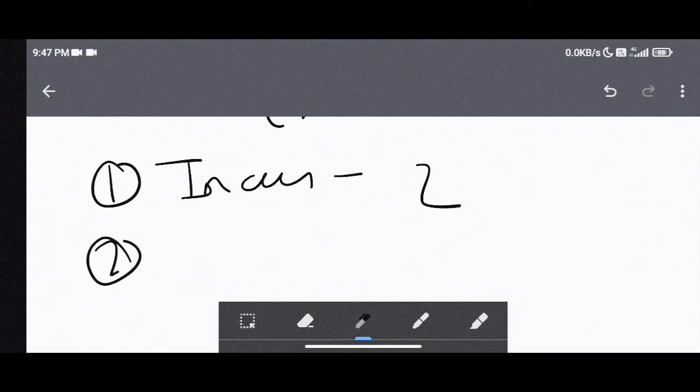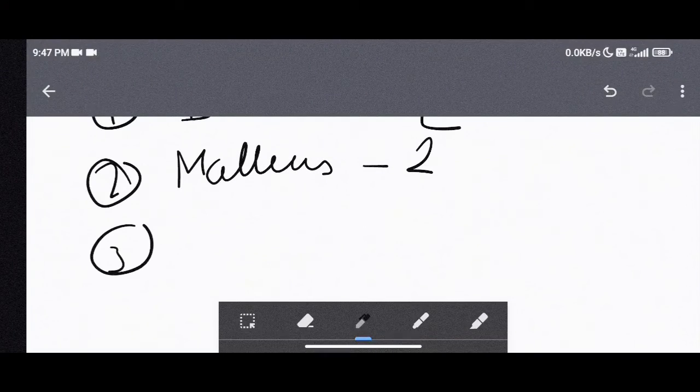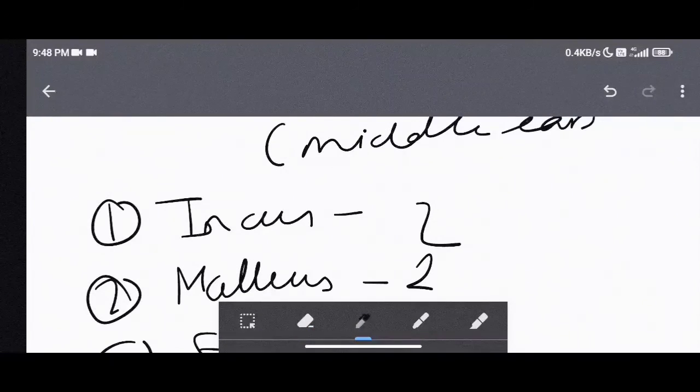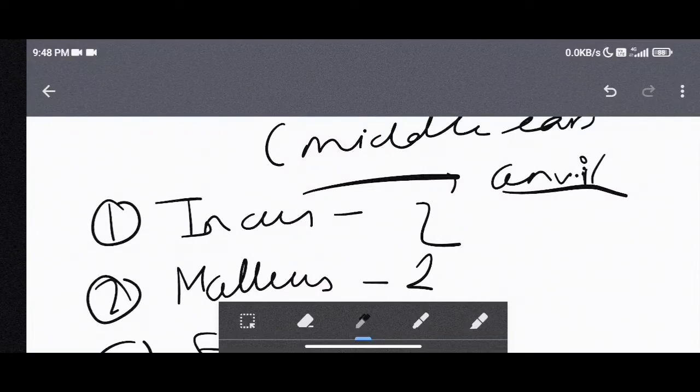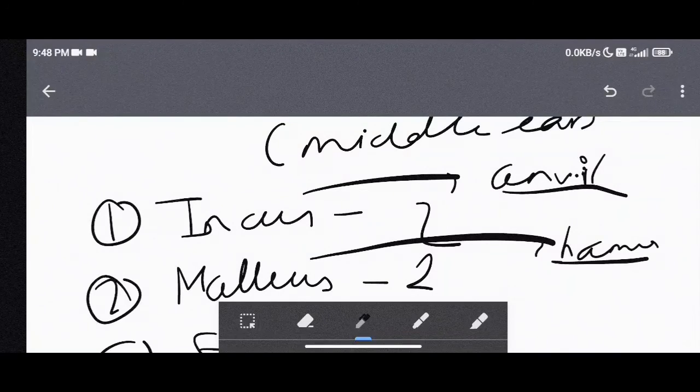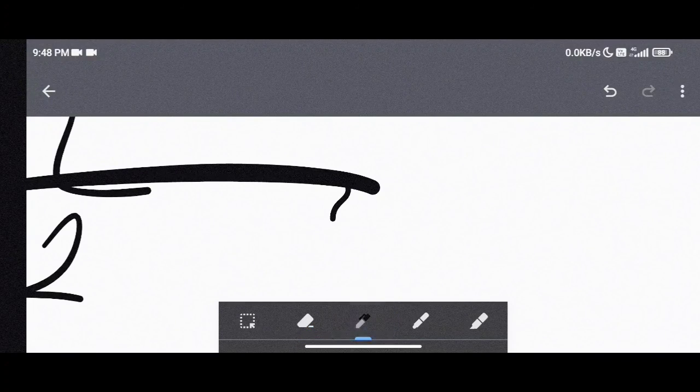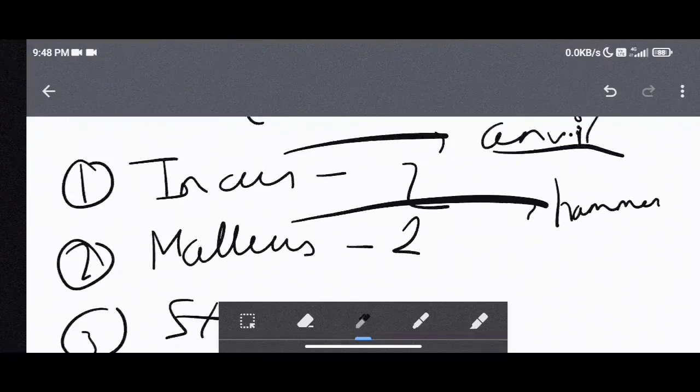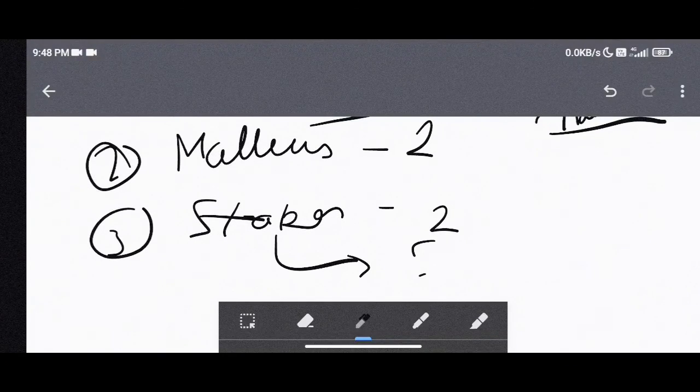The second is the malleus, which is also 2, and the third is the stapes, also 2. The incus is anvil shaped, the malleus is hammer like, and the stapes is stirrup shaped.